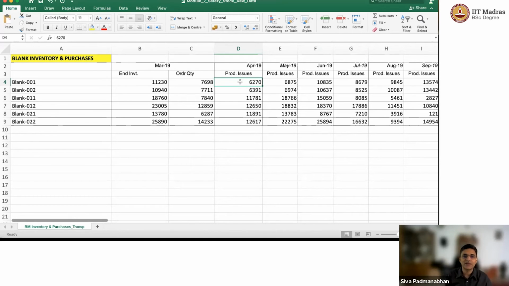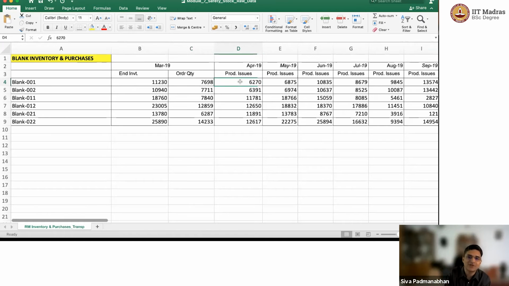So what you see here in this table is that in March 2019, I had an ending inventory of blank 001 of 11,230 units. So that's how much I had in my store, raw material store. And I again placed an order for 7,698 units. Now, in all this, in this entire sheet, the assumption is the lead time is 1 month.